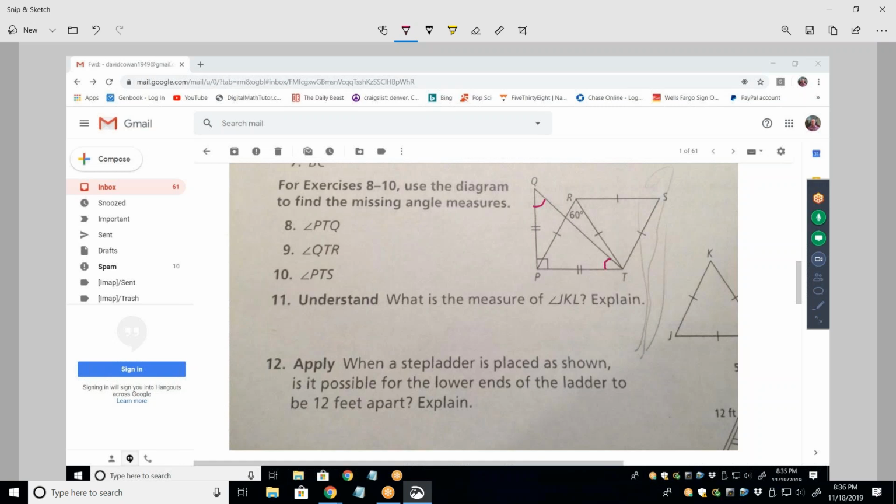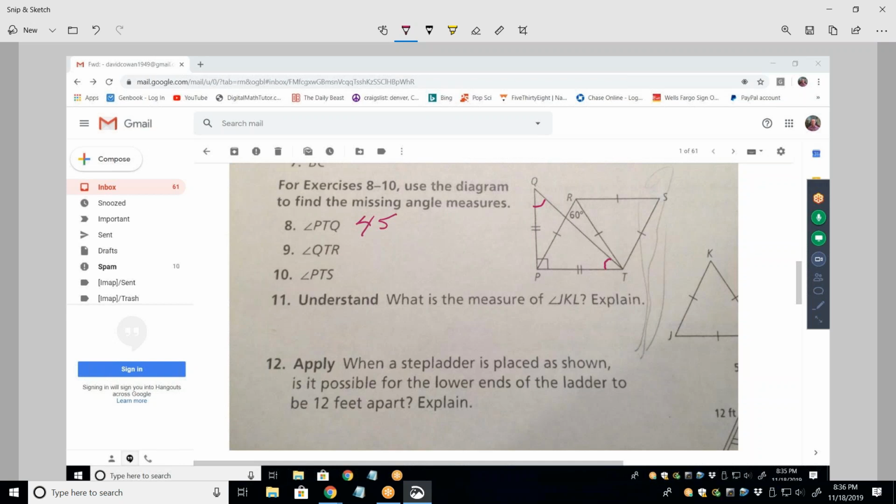P is 90, and the sum of all three angles has to be 180. So that leaves you with 90. So it'd be 45. Right. So that's what that is right there. It's 45.